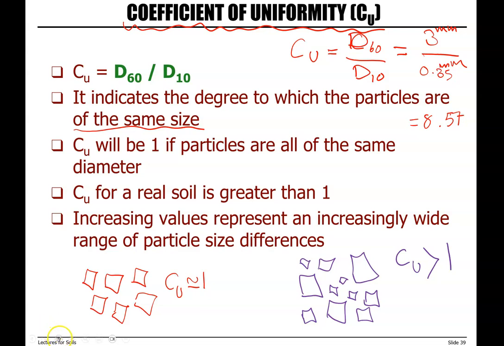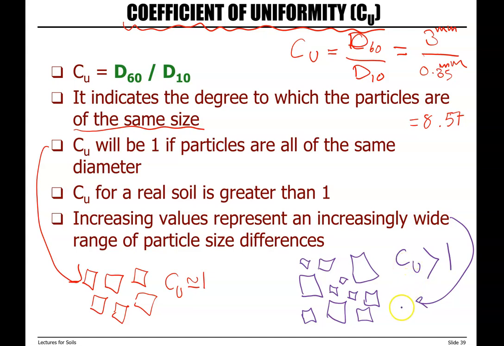So again, Cu will be 1 if particles are all of the same diameter. Cu for a real soil is greater than 1 because we usually have a combination of particles with different sizes. And increasing values represent an increasingly wide range of particle sizes.